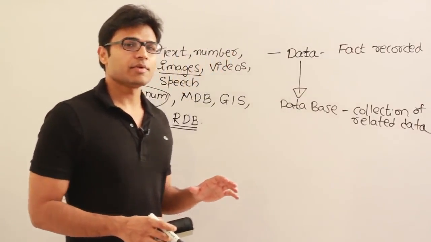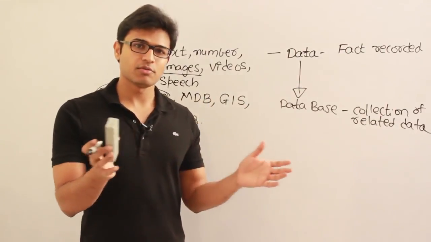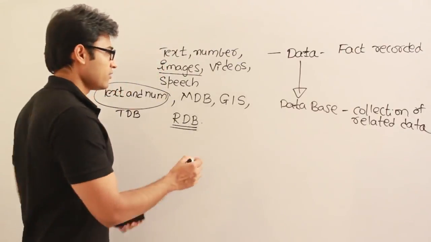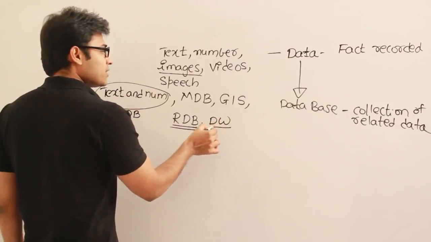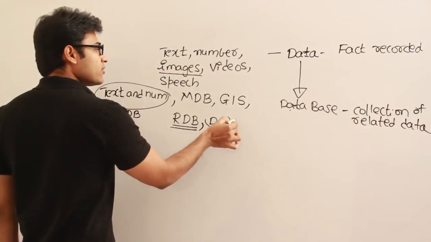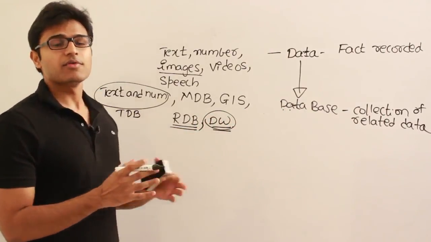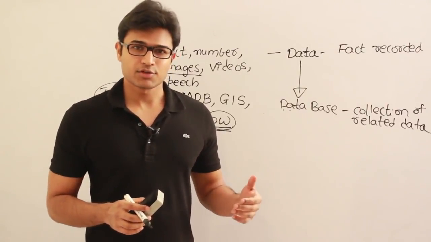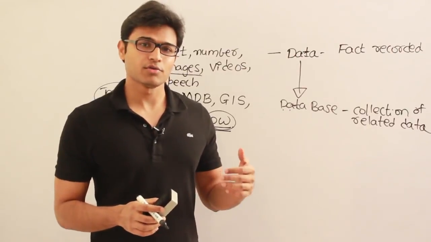Other than these, if the database size is very huge, it is called a data warehouse. A data warehouse is also a kind of database. What is the main difference? In a data warehouse the data is very huge and historical, which means we store data about a company for the past 100 years and then want to see it.